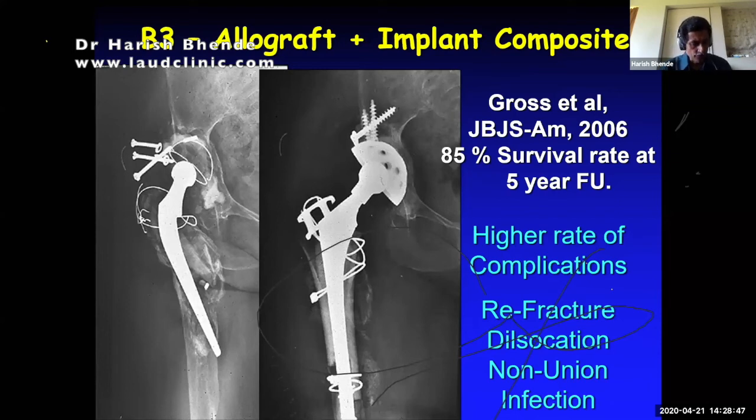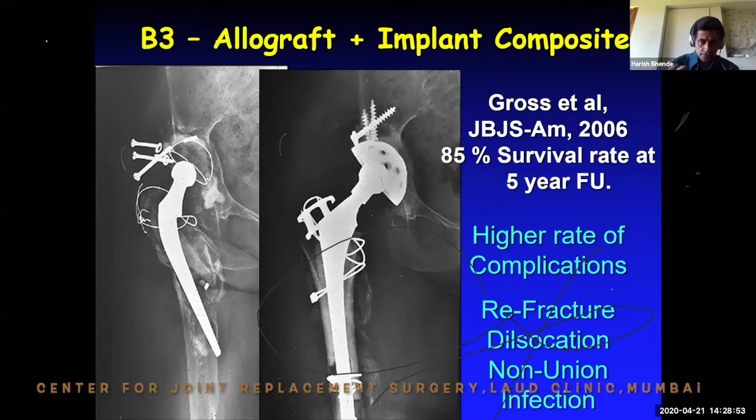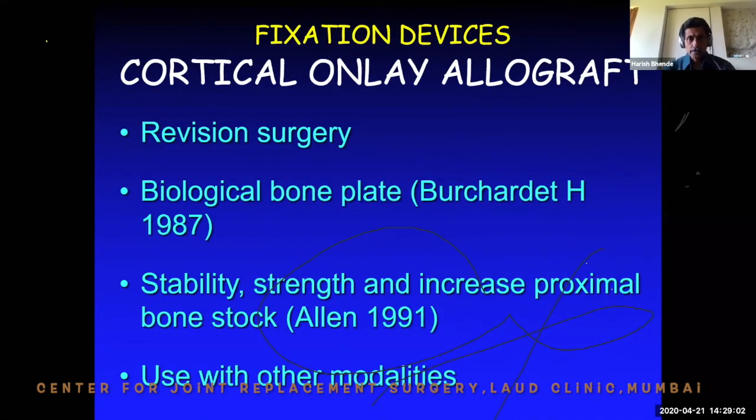This is a good option if you have an allograft ready and you can still reconstruct, but more often today we tend to use a large tumor type implant which will replace the bone and get good distal fixation. A cortical only graft, again in revision surgery, a biological bone plate sort of thing, can be used.